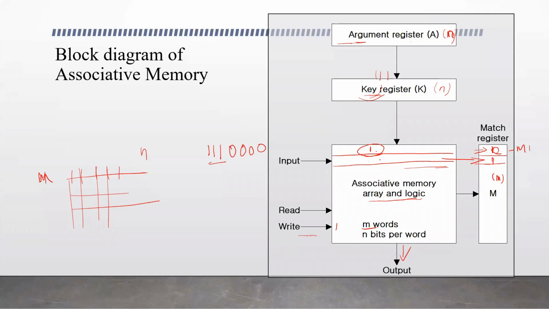Is the entire word to be compared? Comparing the entire word takes a lot of time. Is it the entire word or a part of the word? The part of the word is identified by the ones in the key register. The corresponding bits in the argument register are compared with the corresponding bits in the memory.